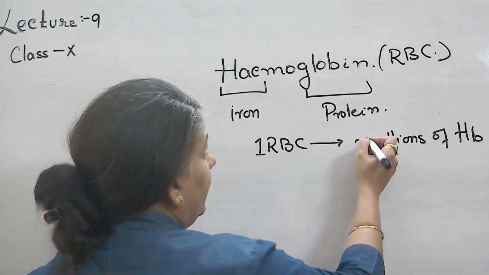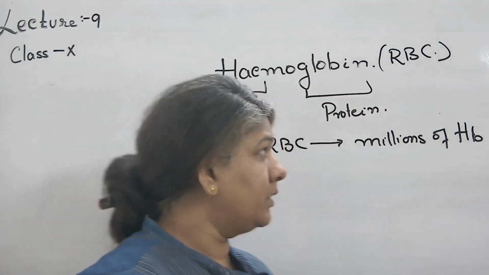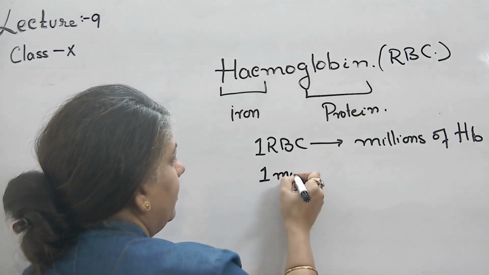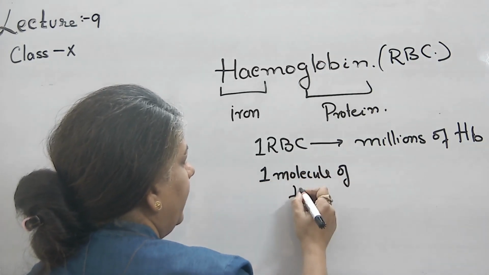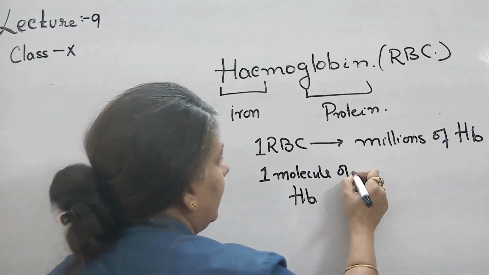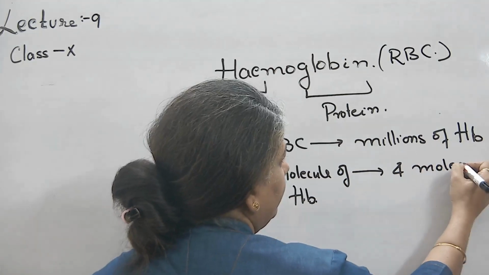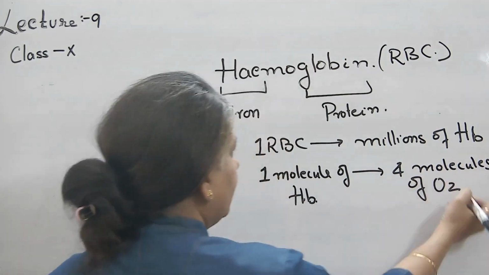And one molecule of hemoglobin can bind with 4 molecules of oxygen. One molecule of hemoglobin can carry 4 molecules of oxygen.